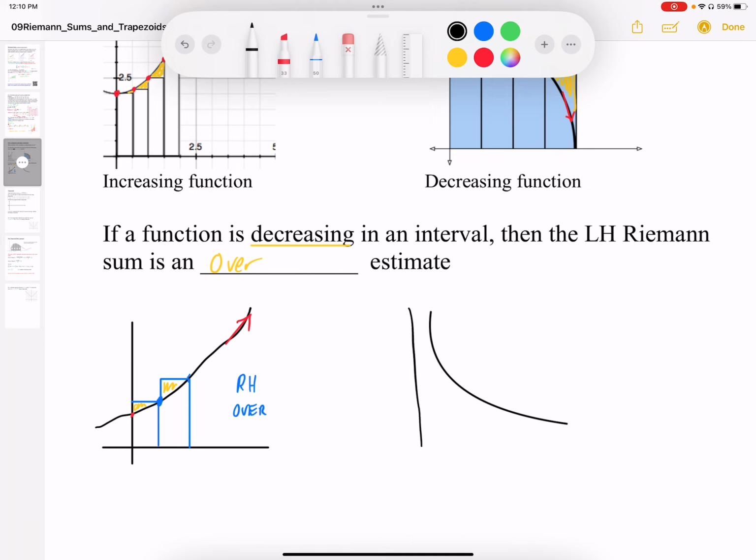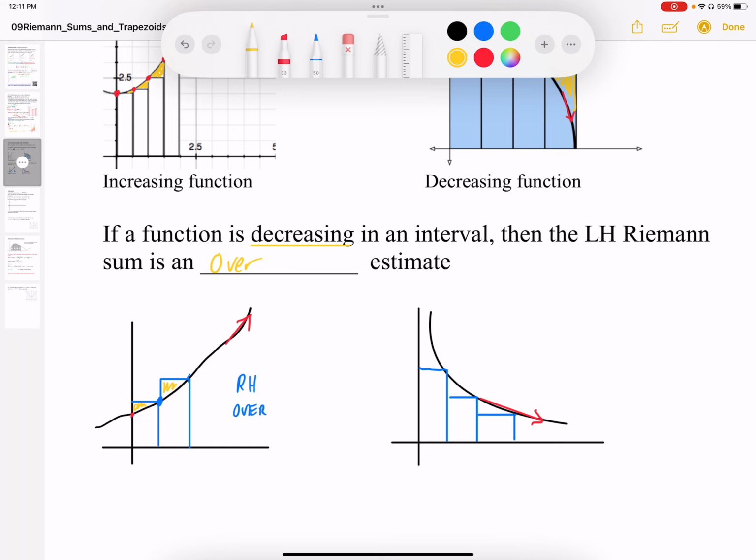If I have a decreasing function and I use a right-hand Riemann sum, so I'm using the right edge to determine the rectangles, we can see the right edge is going to give us area above the curve.